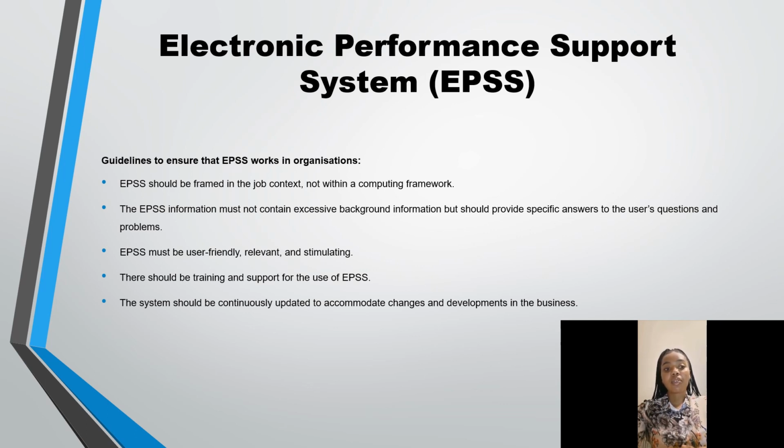The system must be user-friendly, relevant, and stimulating. There should be training and support for the use of electronic performance support systems. The system should be continuously updated to accommodate changes and developments in the business.